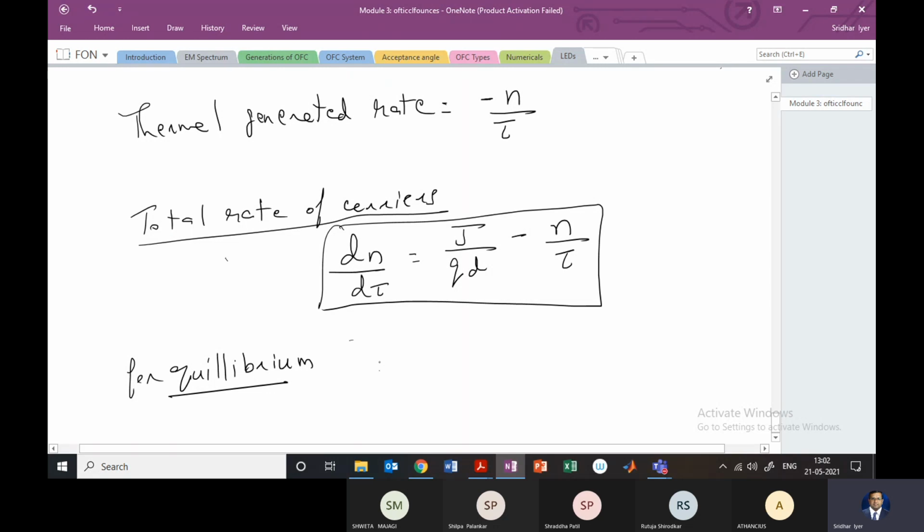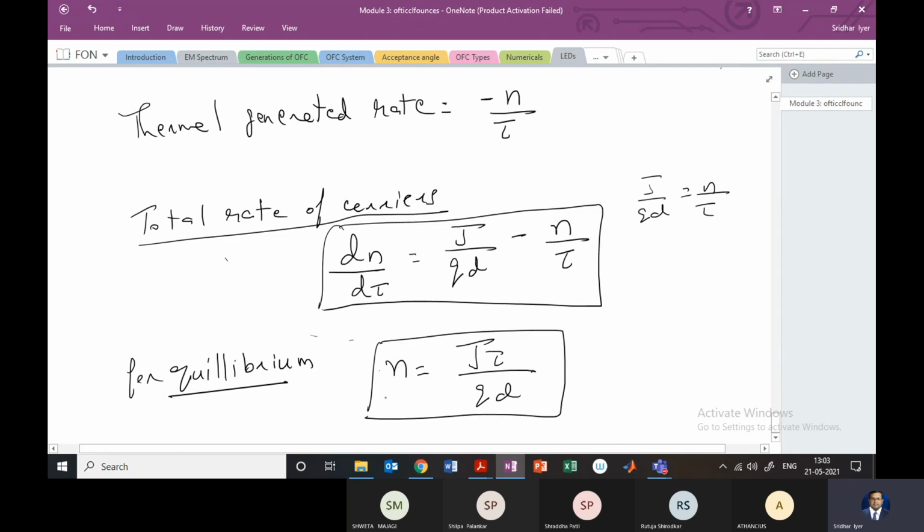So in this case, for equilibrium, n just becomes j tau divided by qd. Because under equilibrium, the left hand side and the right hand side are equal to each other. So you'll have j by qd equal to n by tau, right? So you'll have j tau divided by qd. So under equilibrium, the n value would look like this. This represents steady state.